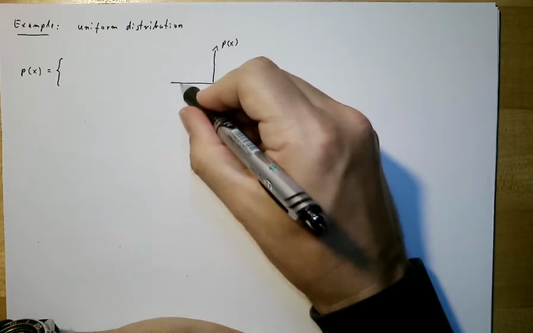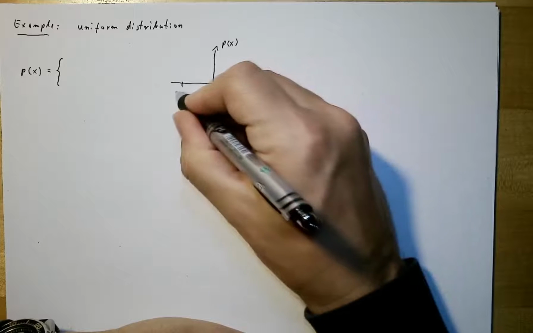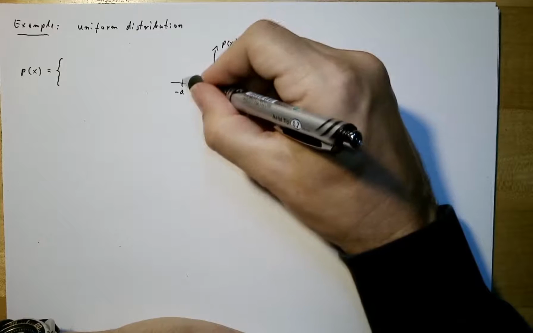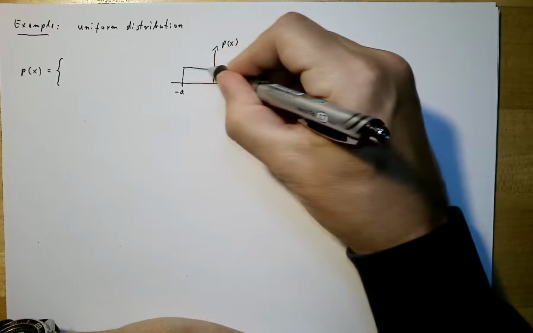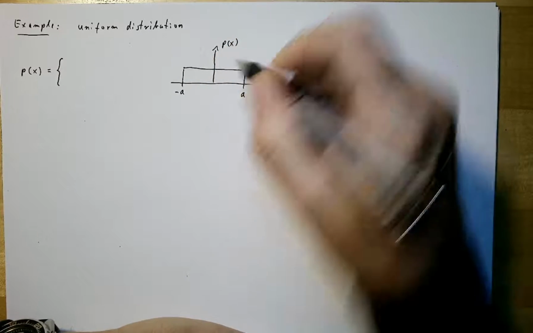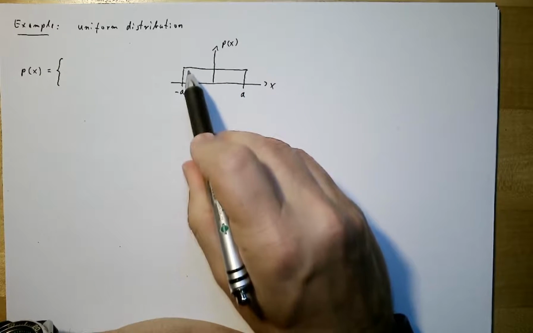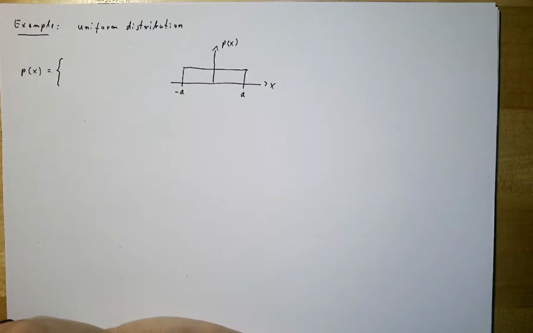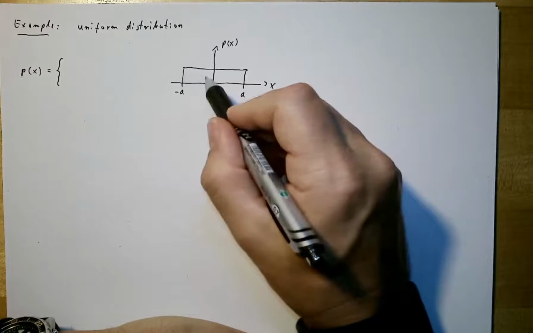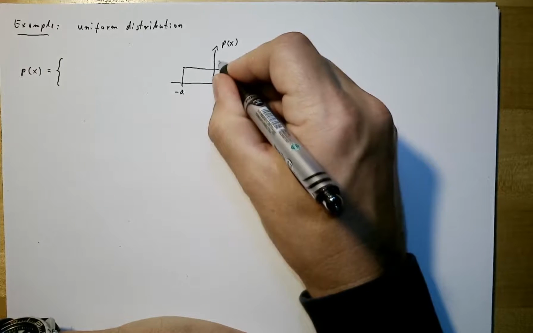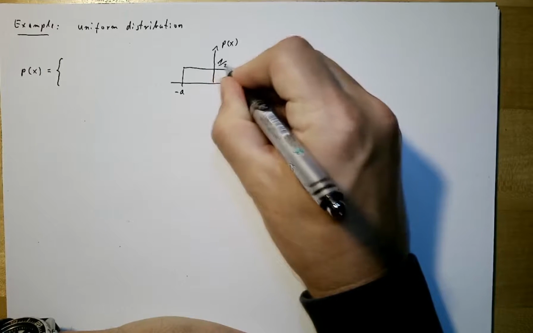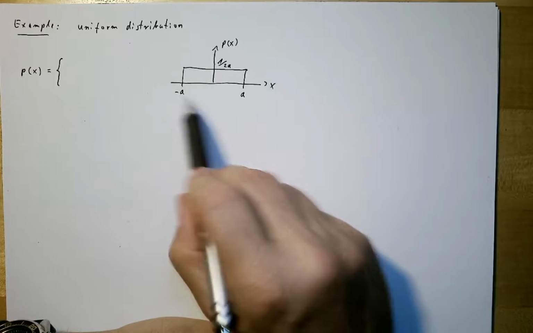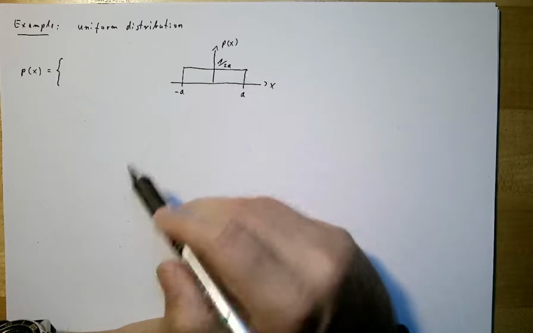Now I want a random number which is in a certain interval from -a to +a, and I want this to be uniformly distributed. That means all probabilities are equal in this interval. In order to normalize the whole thing, the height must be 1 over 2a, because then the probability to be between -a and +a is exactly 1.